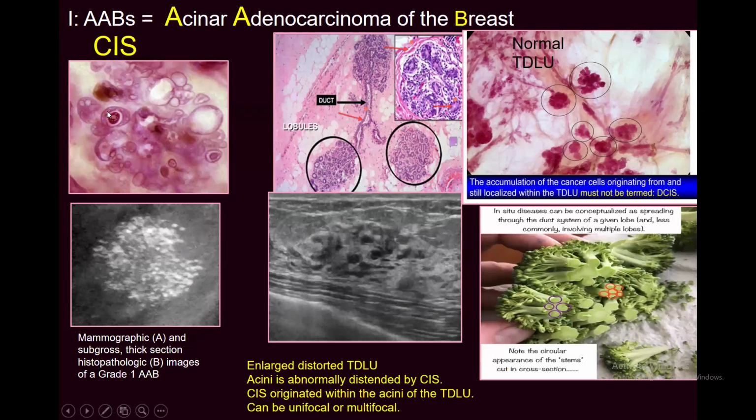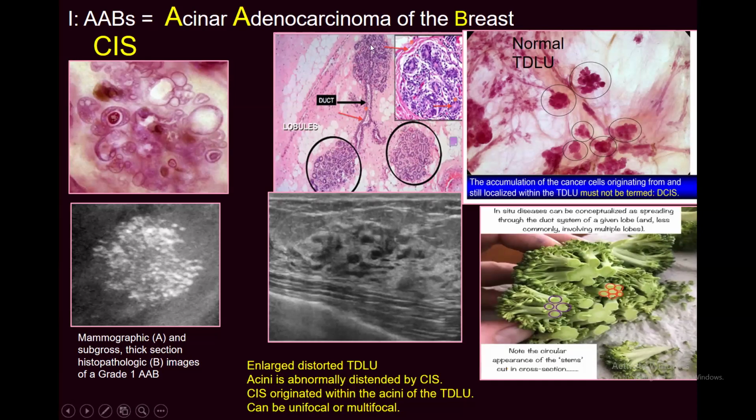These are dilated acini with calcification or psammoma bodies seen within, seen on mammography as this group of calcifications, in a case of grade 1 DCIS. And these are the ultrasound lesions.